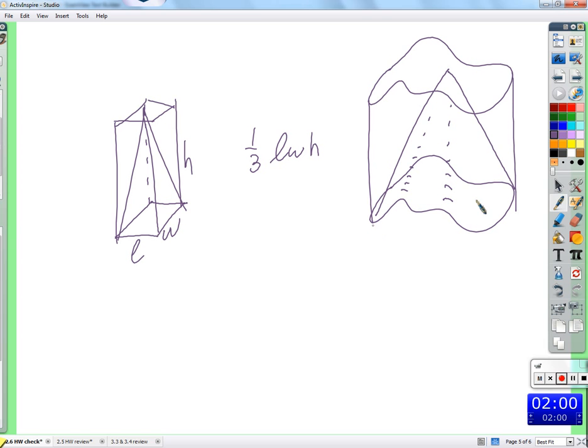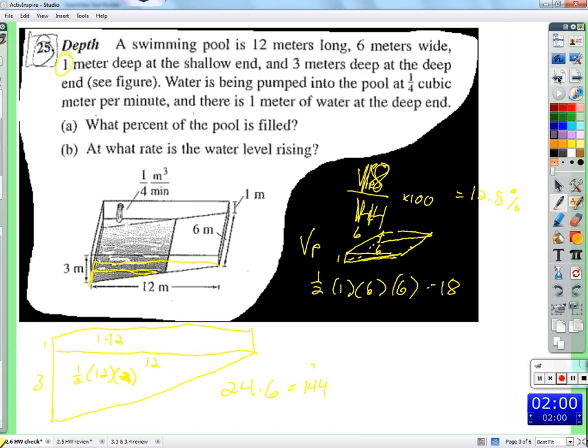Surface area times the height is the volume. And that pyramid takes up 1/3 of that. 1/3 of the surface area times the height. Every time. Pretty cool. All right, so back to our related rates model.